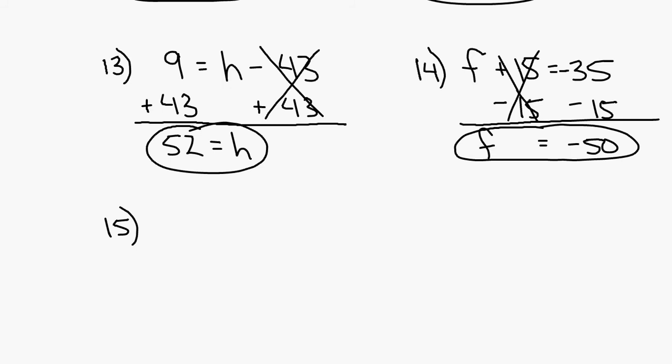So the problem for number 15 is m minus 17 equals negative 8. M minus 17 equals negative 8.